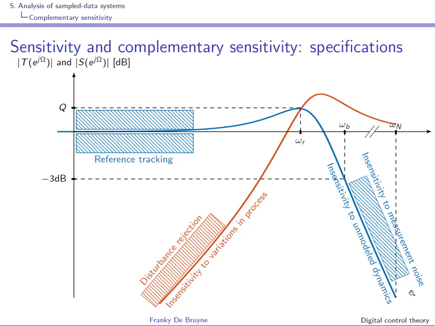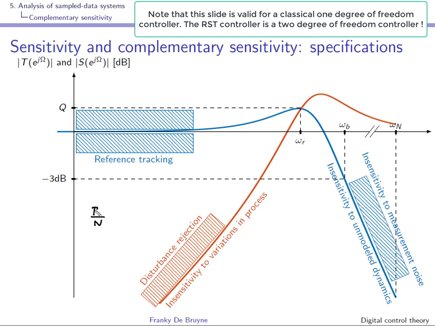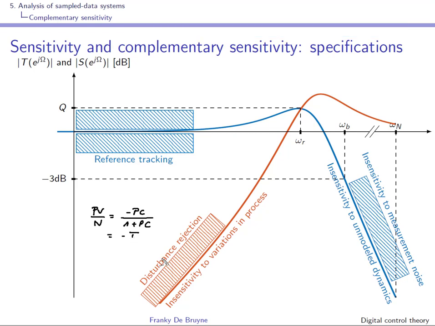Well, we've seen previously that the transfer function from noise, the noise affecting the output of the process, to actual controlled output, and this time I'll write it as PV, process value, is minus PC over 1 plus PC. So this is minus the complementary sensitivity function, and this complementary sensitivity function is shown over here.